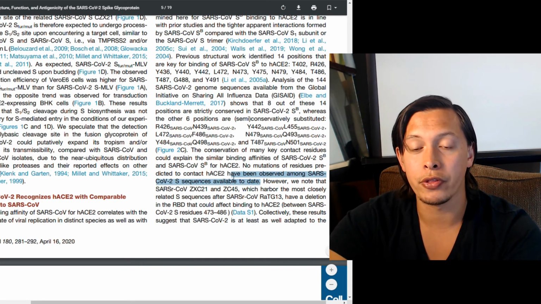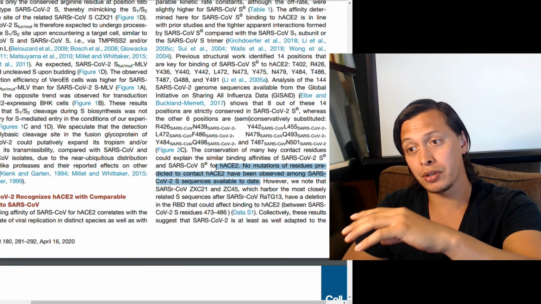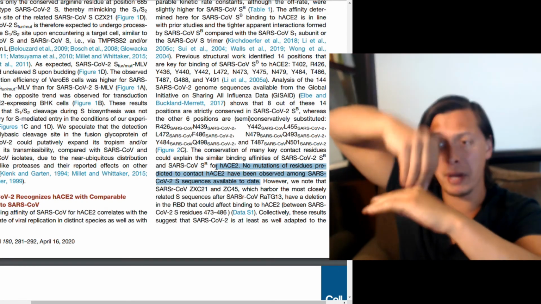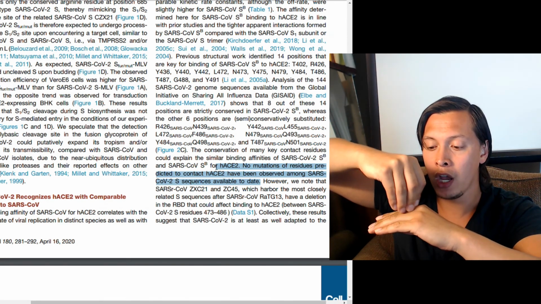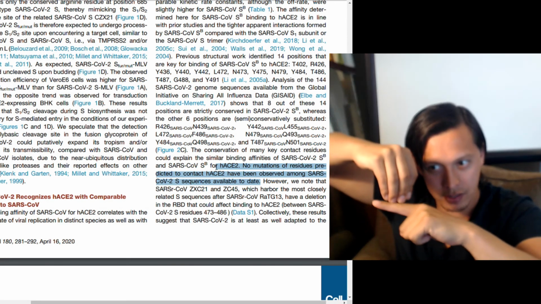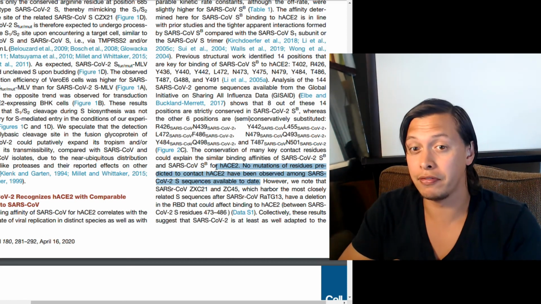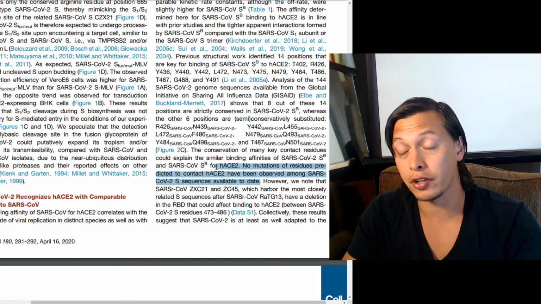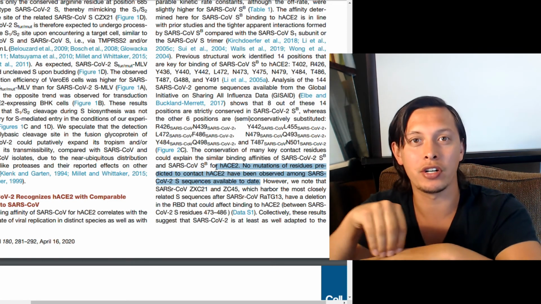So what they're saying is, you have your ACE2 receptor, you have your spike of the new virus. All of the predicted amino acids at this interface are conserved as of the writing of this particular paper. They are all conserved.